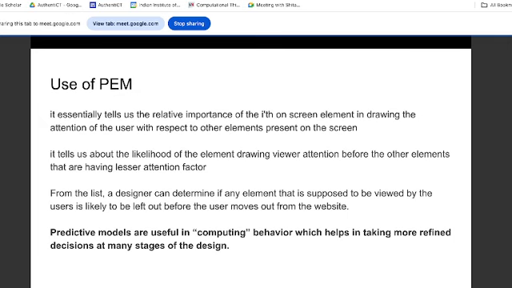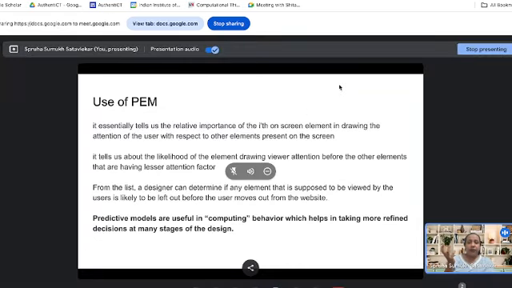Why use these predictive models? It essentially tells us the relative importance. So I have by mistake written PEM, or you can write it predictive engineering models as well. So it's actually not a mistake.